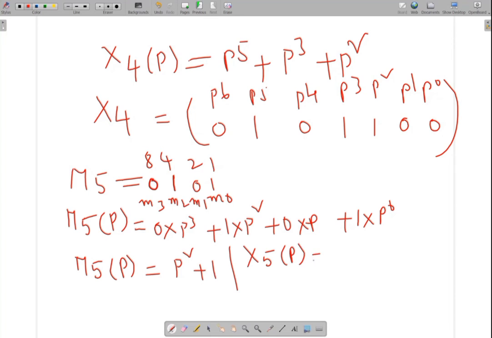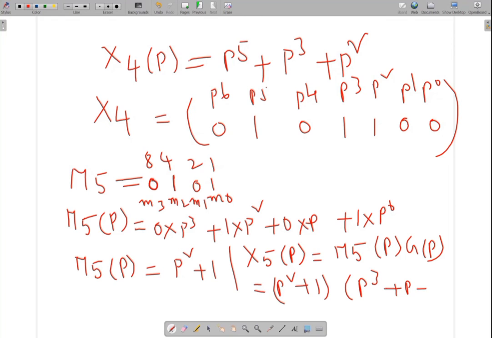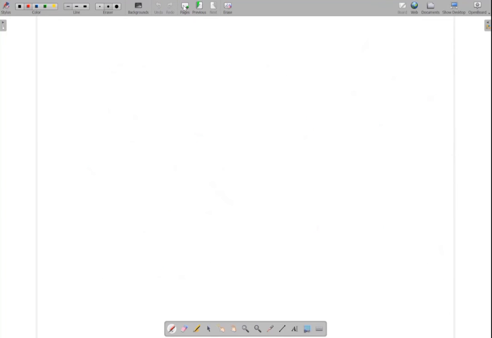And x5 of P is equal to M5 of P into G of P. M5 of P is P square plus 1, G of P is P cube plus P plus 1.